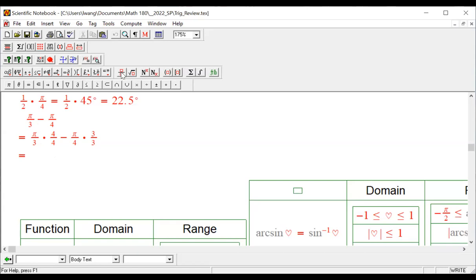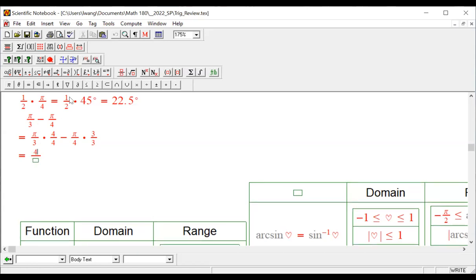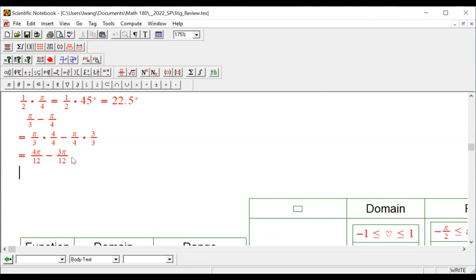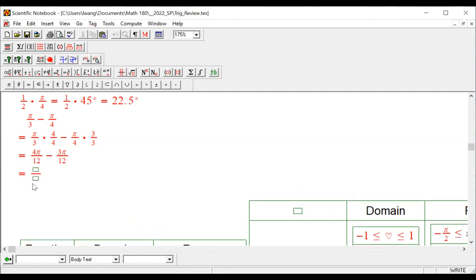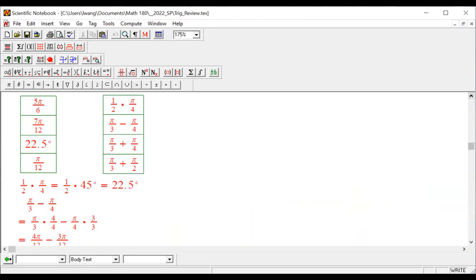Now we get 4 pi over 12 minus 3 pi over 12. So in the end, we keep the denominator 12, and 4 pi minus 3 pi is pi. Which one does this match? This matches pi over 12. So these two match and these two match.